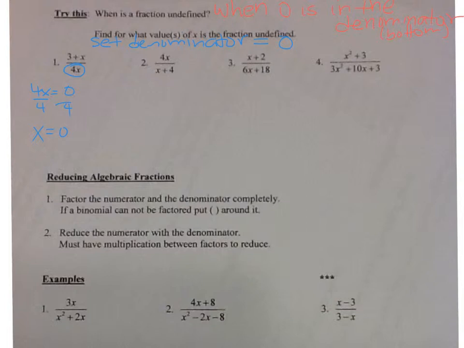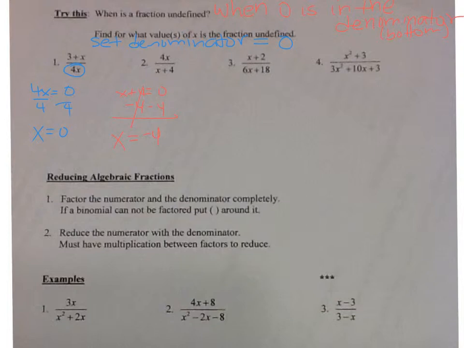All right, so let's take a look at 2. So I want to know what value I can plug in for x here so that when I do x plus 4, I will get 0. If you're not sure, you take x plus 4 and you set it equal to 0. Minus 4, x is equal to negative 4. So my fraction is undefined when x is equal to negative 4. All right, let's take a look at number 3.